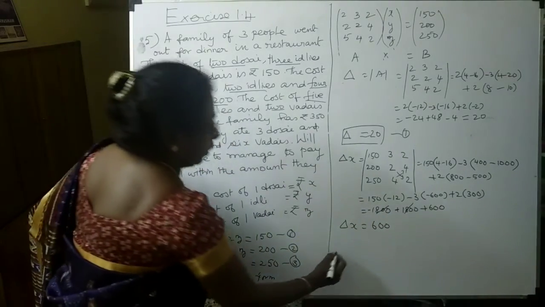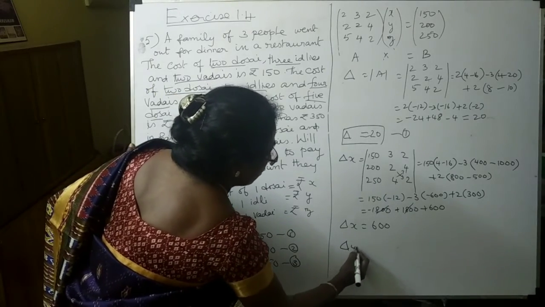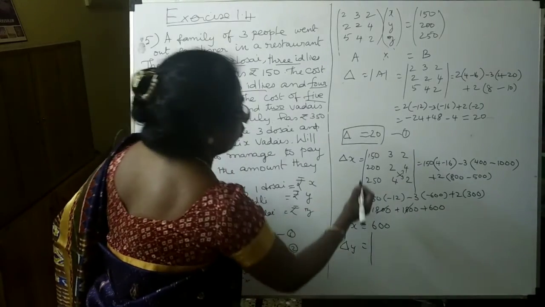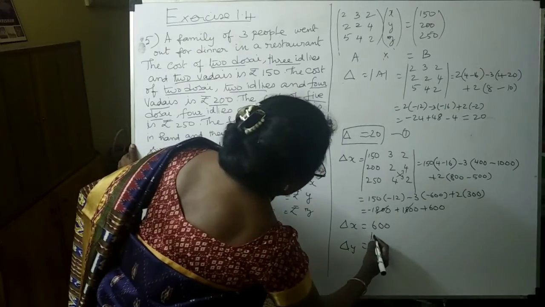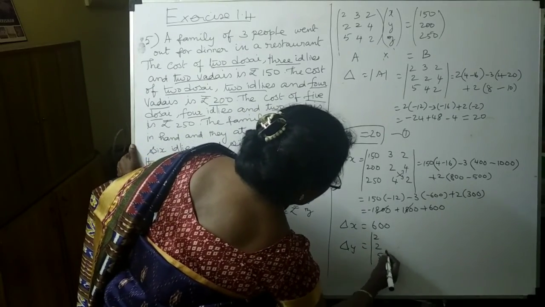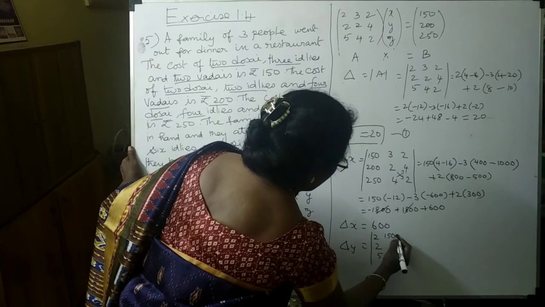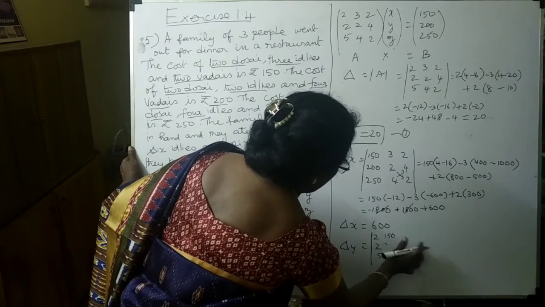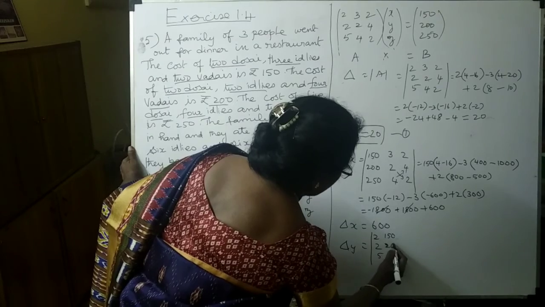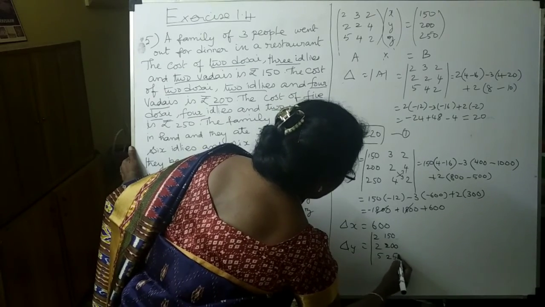Similarly, find delta y by replacing the y column. The first column is going to be 2, 2, 5, no change. The second column is going to be 150, 200 and 250.